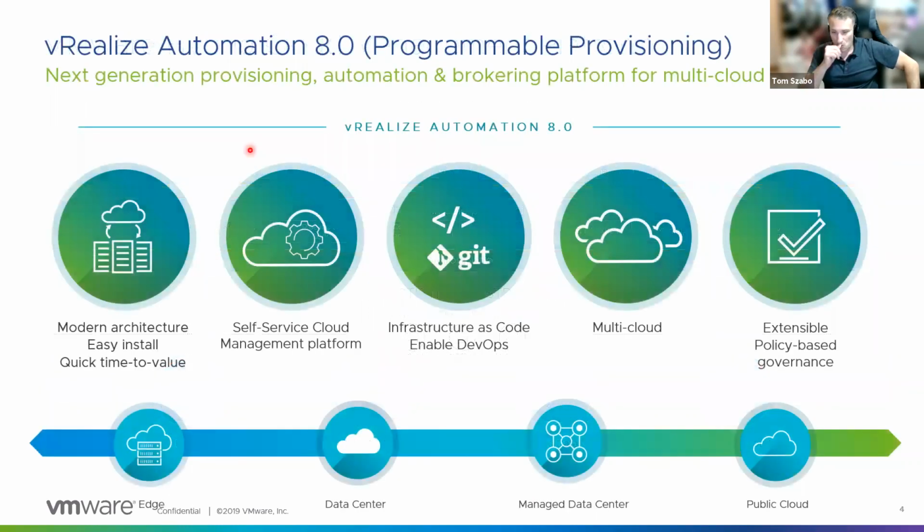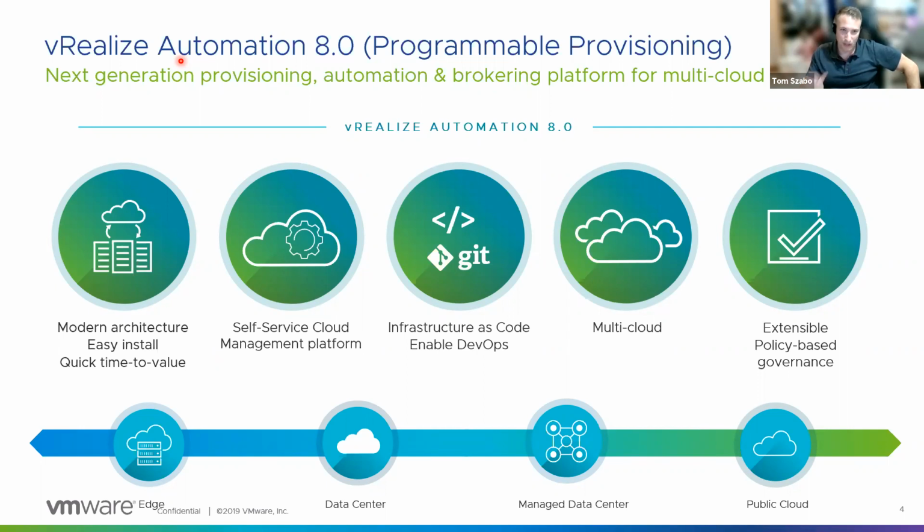Right. So introducing vRealize Automation. For anyone that's been familiar with the vRealize platform and vRA, so if I say vRA, it's just a short acronym for vRealize Automation, so I'm not just throwing random acronyms at you. It's a product that's been in our solution set for quite some time, at least a decade, I would say.